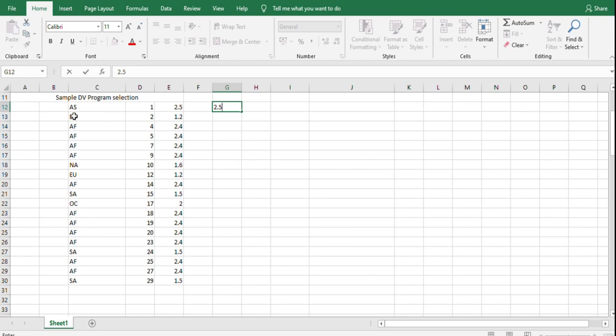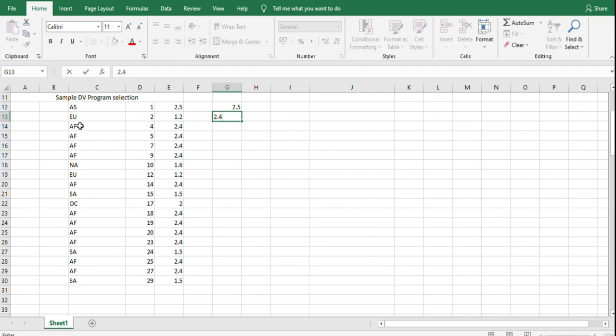And then we have EU, we have 2 selectees from EU, so it will be 2 times the possibility of having a derivative, that is 1.2. So 2 times 1.2 gives us 2.4.